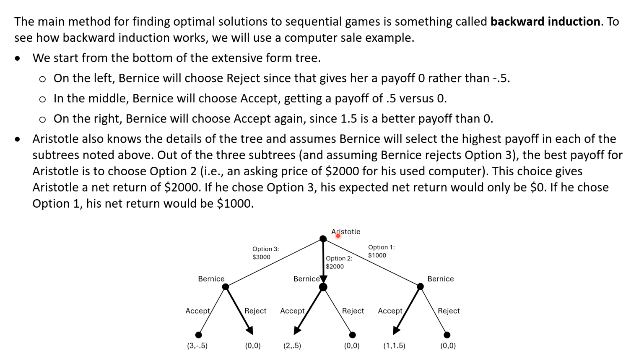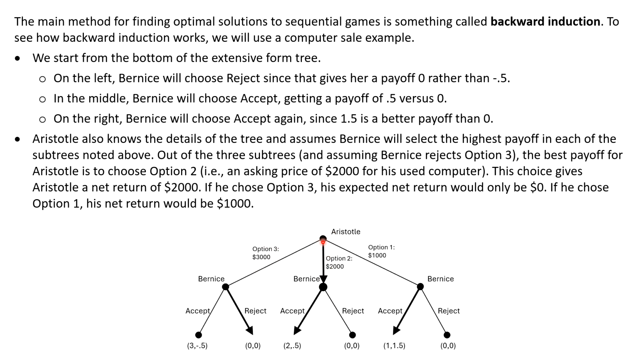So Aristotle knows that, and he realizes he's not going to get anything here, and even though Bernice will accept here, he could do better by offering 2,000 because he knows Bernice will accept here also. So out of these three possibilities, and assuming that Aristotle knows that Bernice will reject option number 3, he's going to go with option 2.